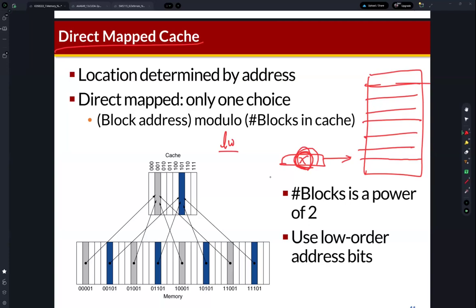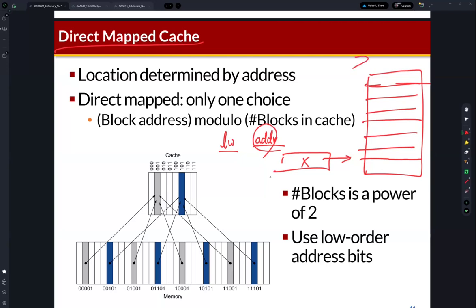The load instruction includes an address.